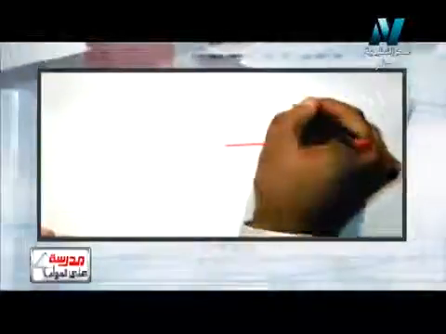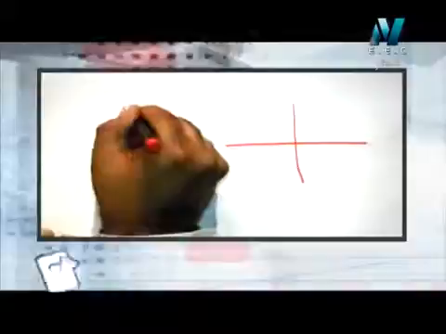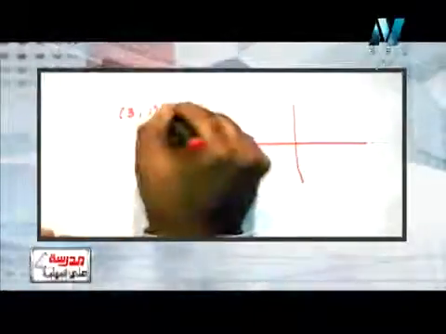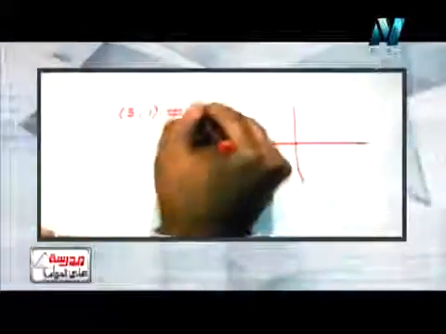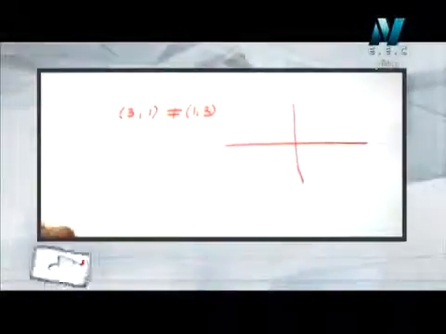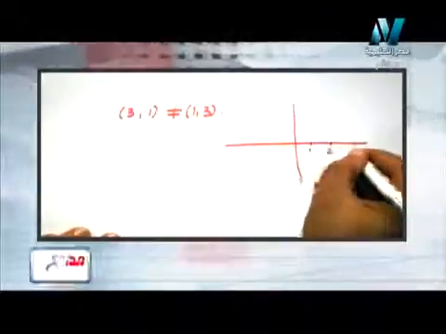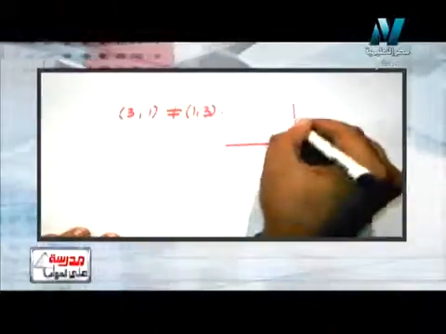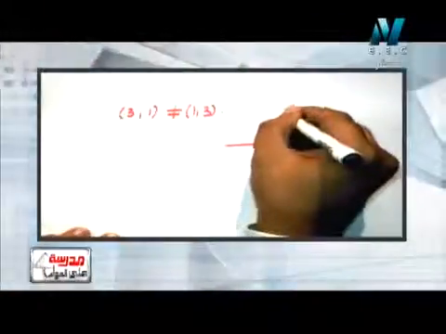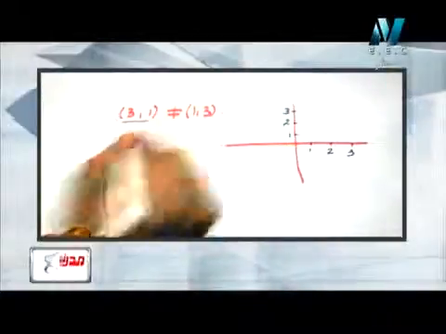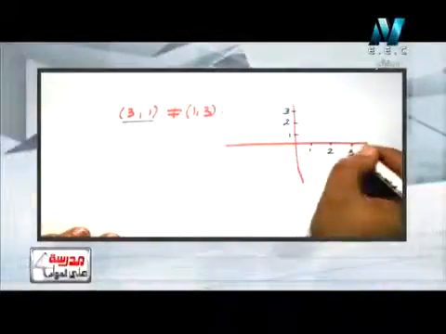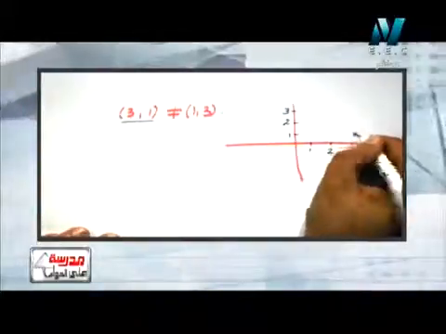If I want to make a graph, as we said before, the ordered pair (3, 1), for example, is not equal to the ordered pair (1, 3). What is the reason to prove this point? On the graph we have 1, 2, 3 horizontally and 1, 2, 3 vertically. For the ordered pair (3, 1), you put 3 and move up 1 unit.